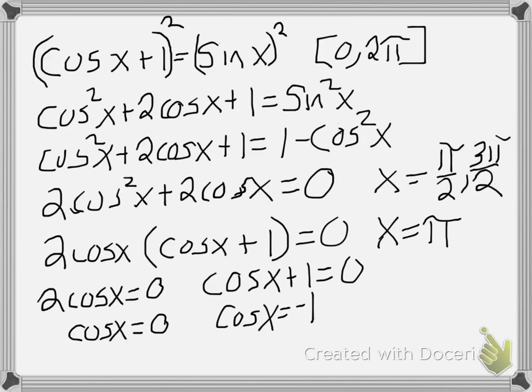When you square a function like this, a trig function, you may be putting extraneous solutions into your problem, okay? So whenever you square, you need to write this down in your notes: whenever you square, check for extraneous solutions at the end, okay? And we're going to do that here in just a second.